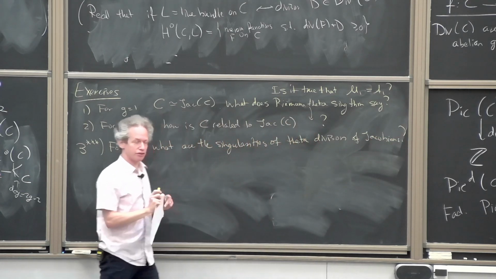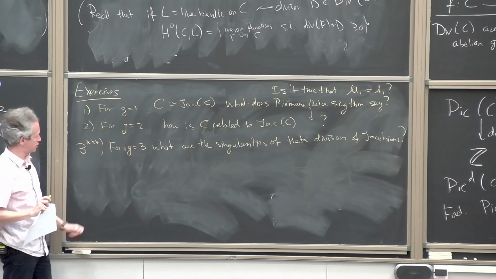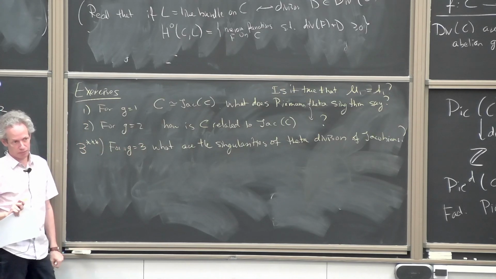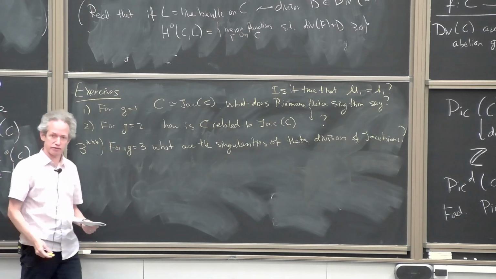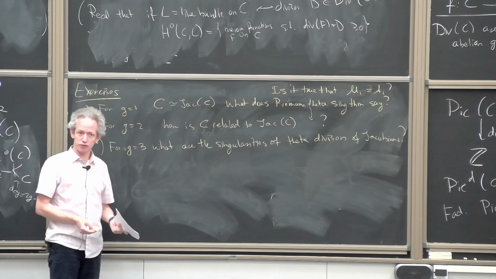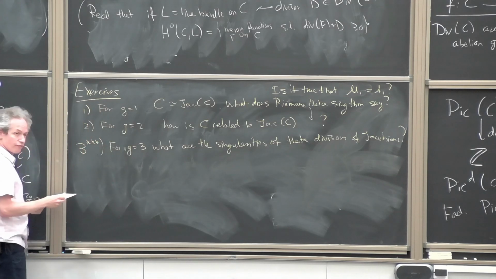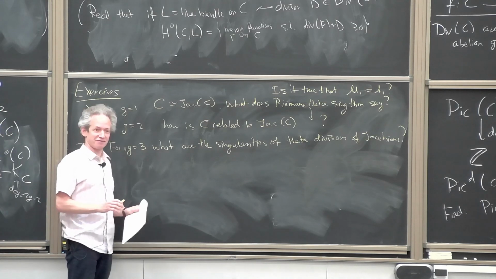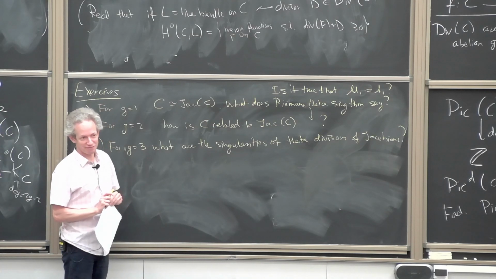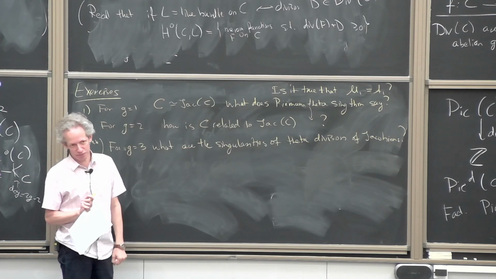Okay? This is not something we're going to discuss, but if you really want to check that you can follow the machinery, figure out what happens for genus 3. So you will discover from this point of view that not all genus 3 curves are created equal, and you should be able to see how they're not created equal. Tell me what this means. And what can you say about the singularities, right?